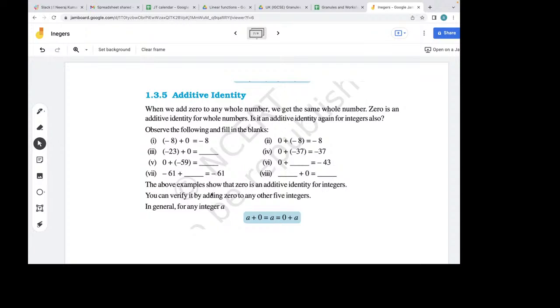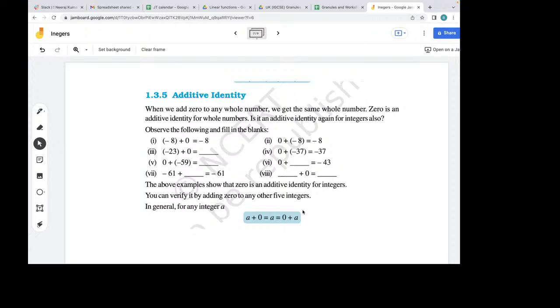The above examples show that 0 is an additive identity for integers. You can verify it by adding 0 to any other 5 integers of your choice, and you can figure out whether it is correct or not. So in general, for any integer a, a plus 0 is equal to a, which is equal to 0 plus a.